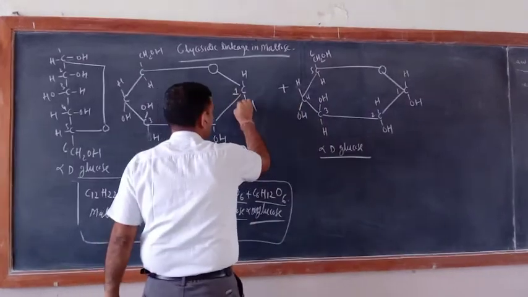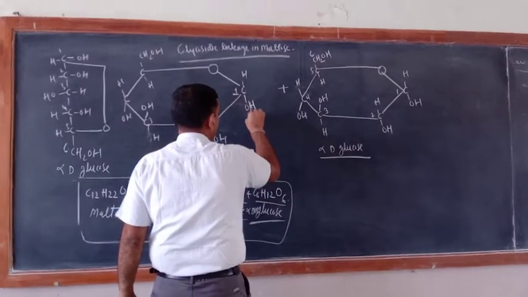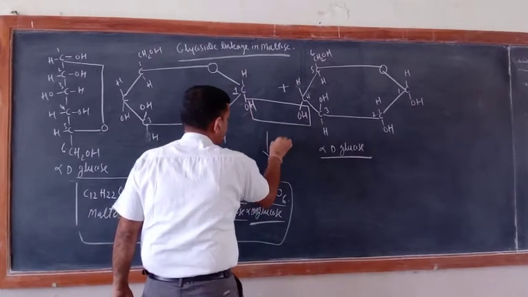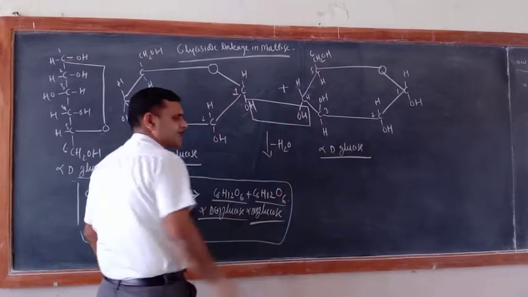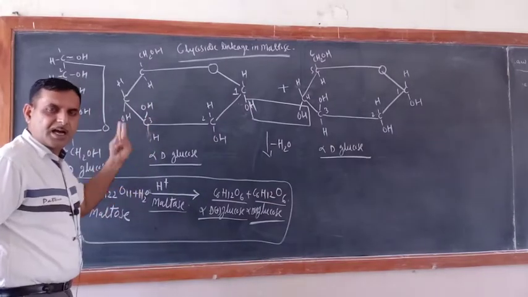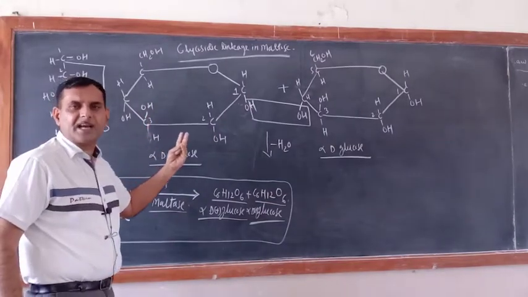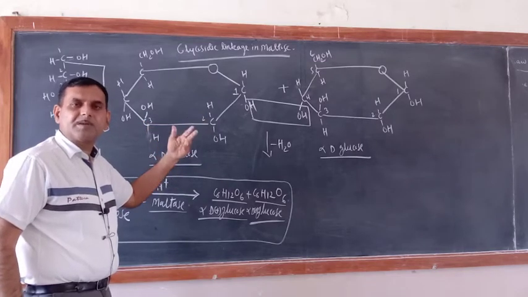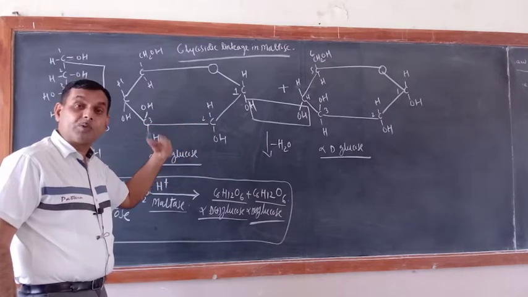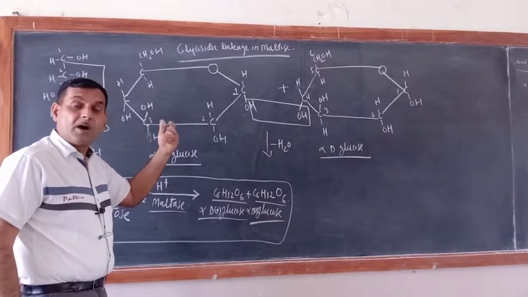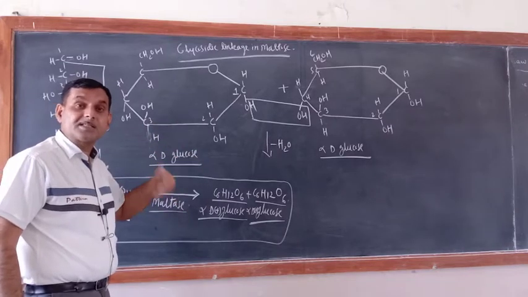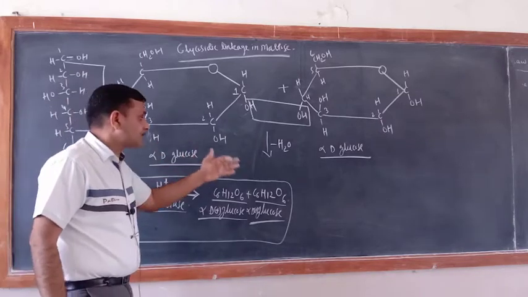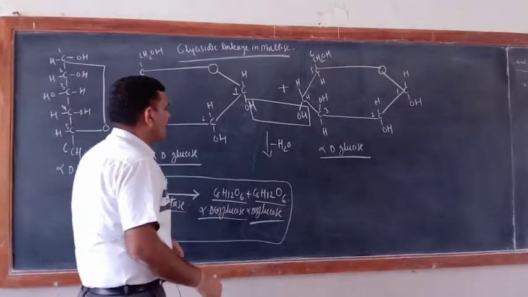The H of this one and the OH of this one, minus H2O, are removed. This is condensation between two monosaccharide units. In case of sucrose also, it was condensation between two monosaccharide units, but their units were different: one was alpha D-glucose, the other was beta D-fructose. Here both monosaccharide units are similar. Minus H2O.